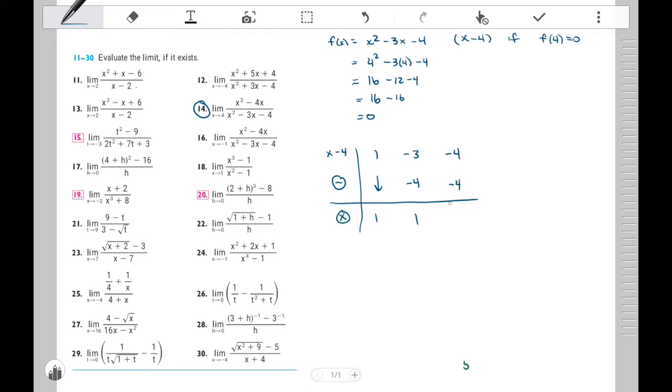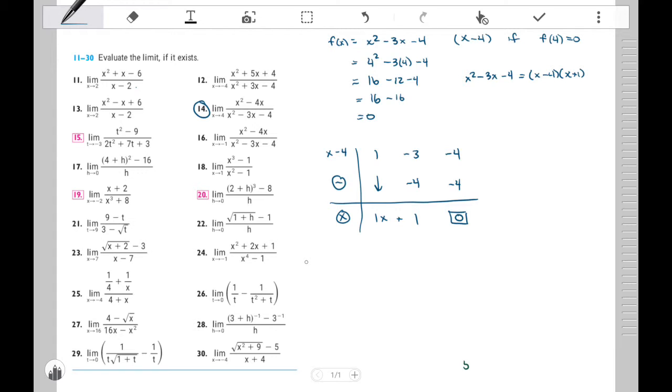Minus 4 take away minus 4 is 0, which we knew we were going to get by the remainder theorem. So what this is telling us is that x squared minus 3x minus 4 is the same as x minus 4 times x plus 1, because this answer is giving us x plus 1. Those are the coefficients in front of these terms. That's what we have there.